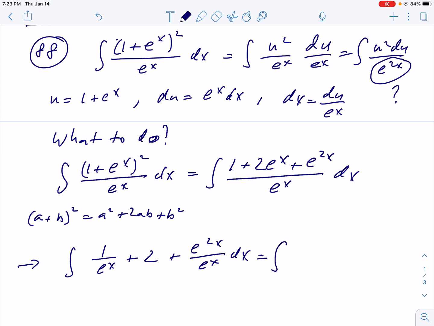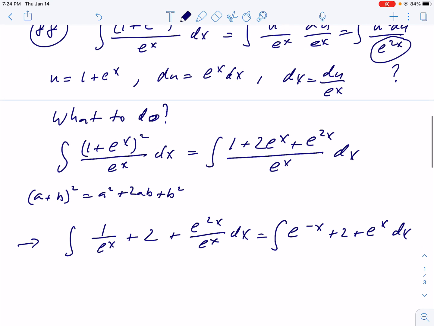And this will be e^(-x) plus 2 plus e^x dx, because of the property of the exponential. e^(2x) divided by e^x, that's exponential 2x minus x, that's exponential just x. And now we can integrate term by term.